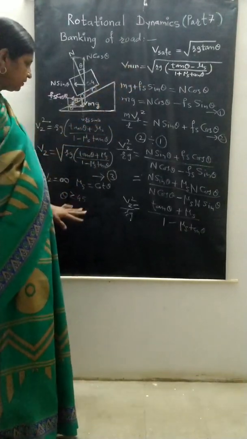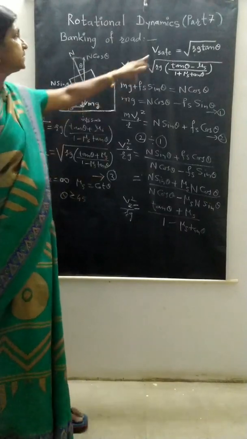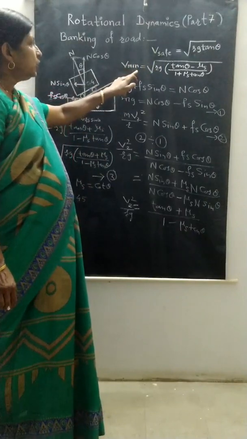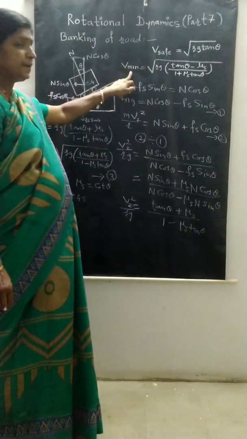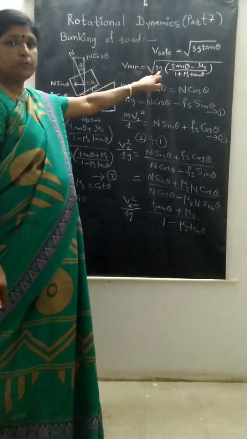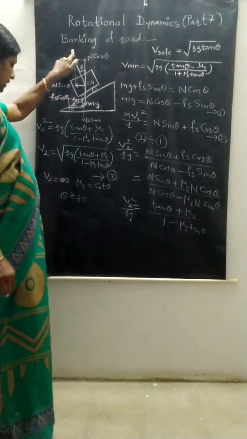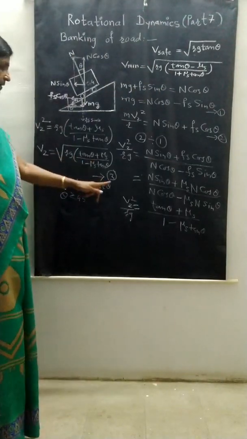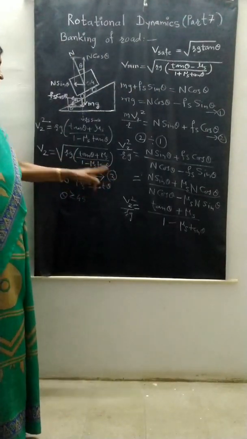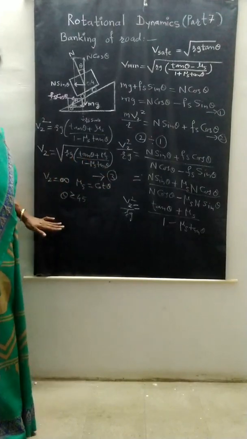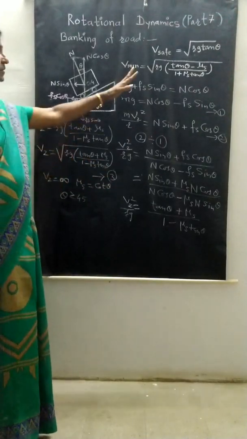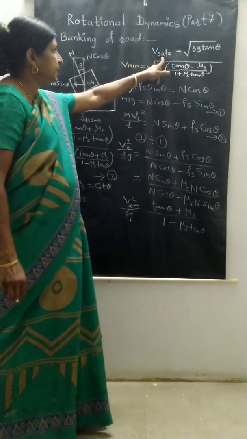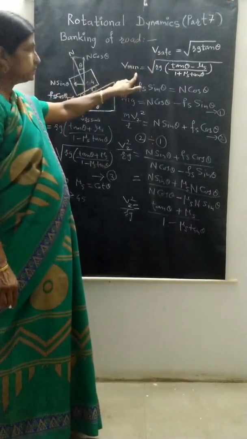So in this way we have found out the most safe speed V, the lower limit, that is minimum speed for the vehicle to be driven on the banked road, and the maximum speed limit which is given by this equation 3. So using these equations we can find out the most safe speed, the minimum speed.